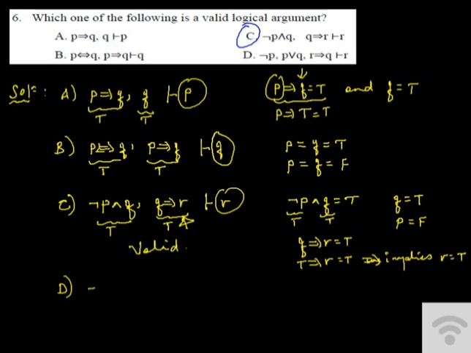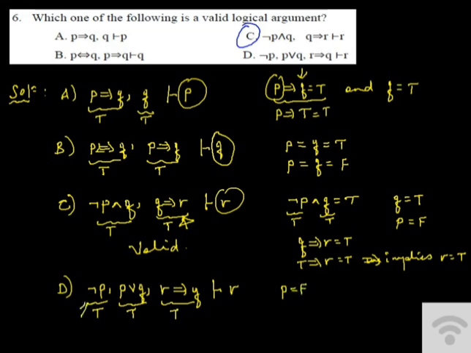So let us see in D, the negation of P, P or Q, and R implies Q. These three are the premises, and the conclusion is R. So the negation of P must be true. P or Q must be true. R implies Q must be true. Negation of P is true means P is false.